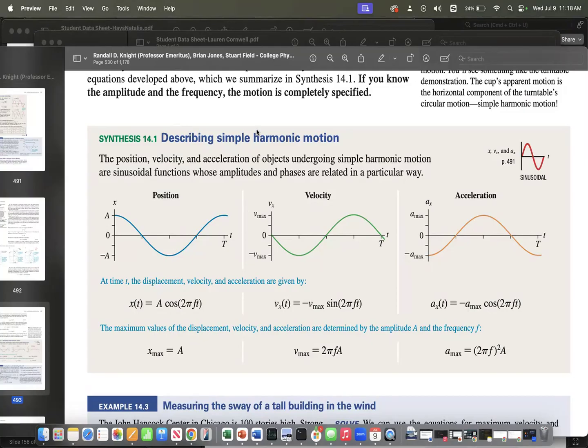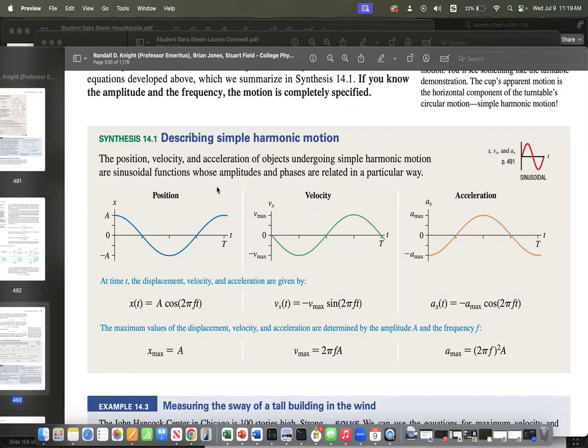As you can see, this is Synthesis 40.1, describing simple harmonic motion. Actually, this is very important. This shows the position, velocity, and acceleration of objects undergoing simple harmonic motion as sinusoidal functions.